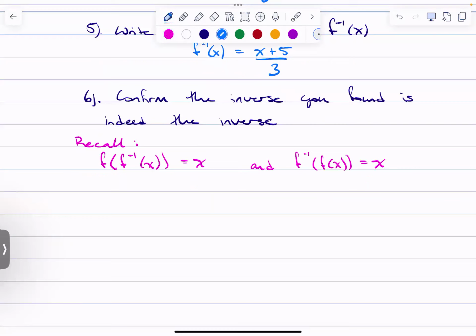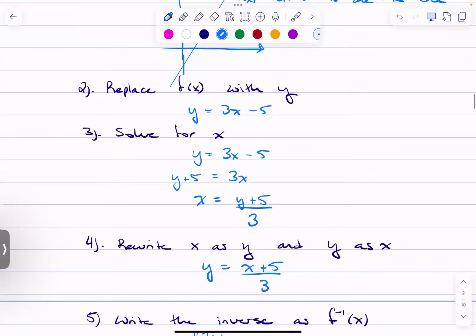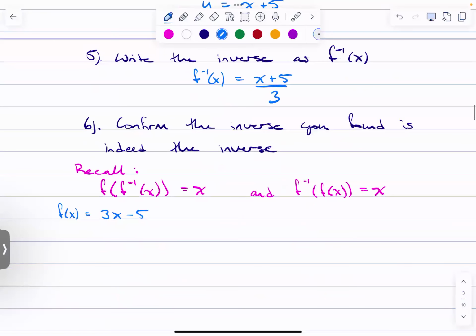So what I'll do is I'll just shimmy this over here. Okay, well, our f of x, let's write it down, was 3x minus 5. And our inverse was x plus 5 over 3. Just as a little reminder of what these two functions are.